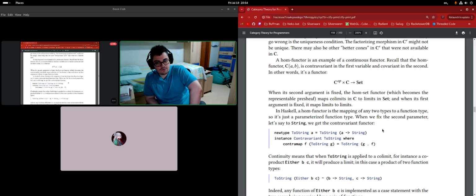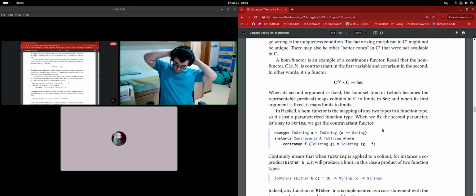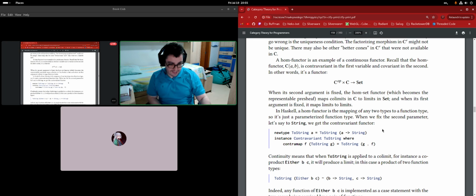So it's a combination of the reader and the op. I remember that. Yeah, it's basically the arrow type constructor. Oh, so that's why it's saying parameterized function type. Yes. Okay. Cool. Do you have anything else to say? I'm going to finish the recording now.